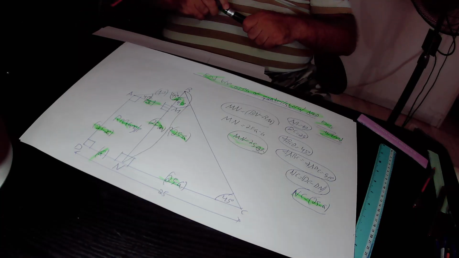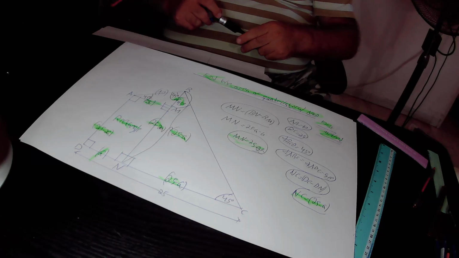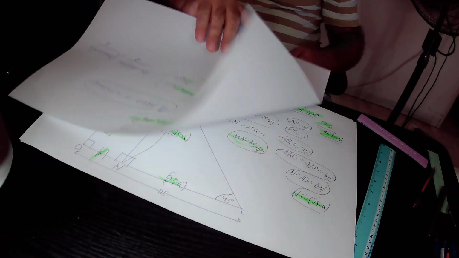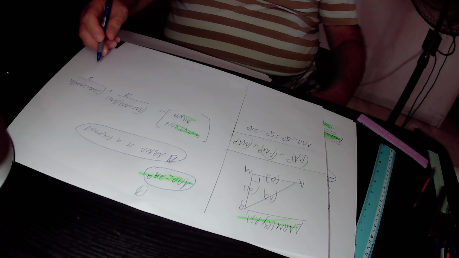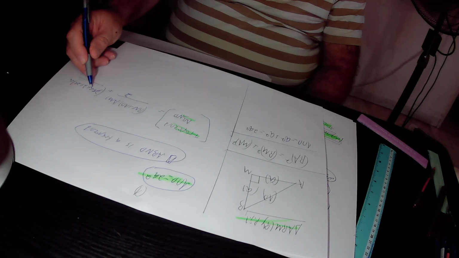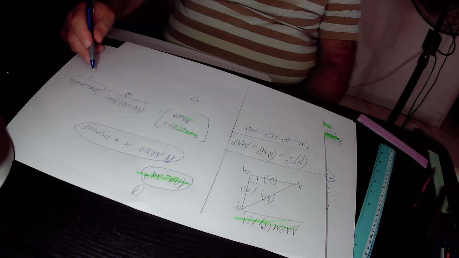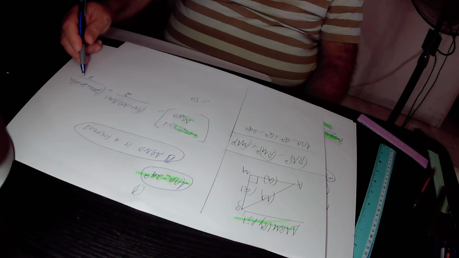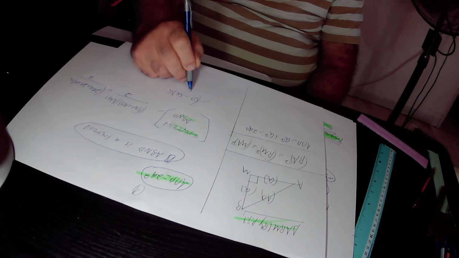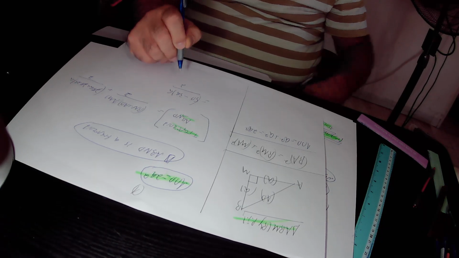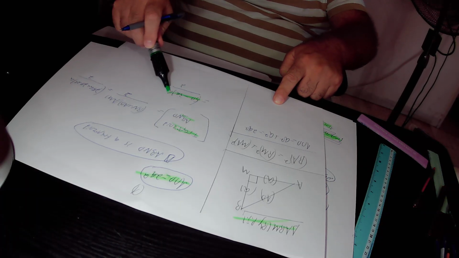So we found that the area of this trapezoid ABND is equal to 25 minus A plus 25 minus 2A times A over 2. 25 plus 25 is 50. Minus A minus 2A is minus 3A, times A over 2. So in total the area of trapezoid ABND is equal to 50 minus 3A times A over 2.